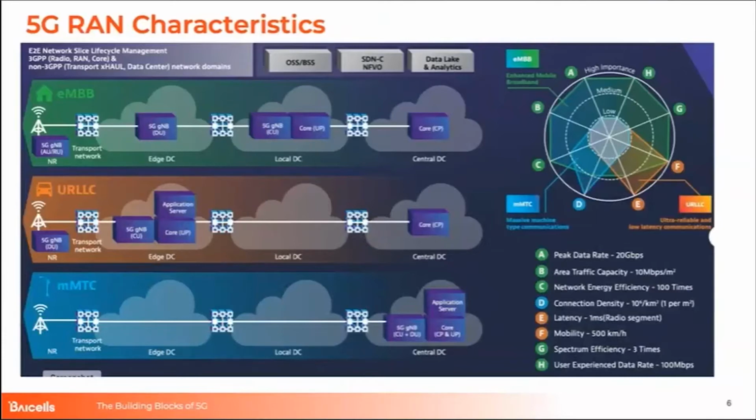Area traffic capacity is 10 megabits per second per square meter. Energy is 100 times more efficient, the spectrum efficiency is 3 times better than LTE, and the user experience data rate is about 100 megabits per second.